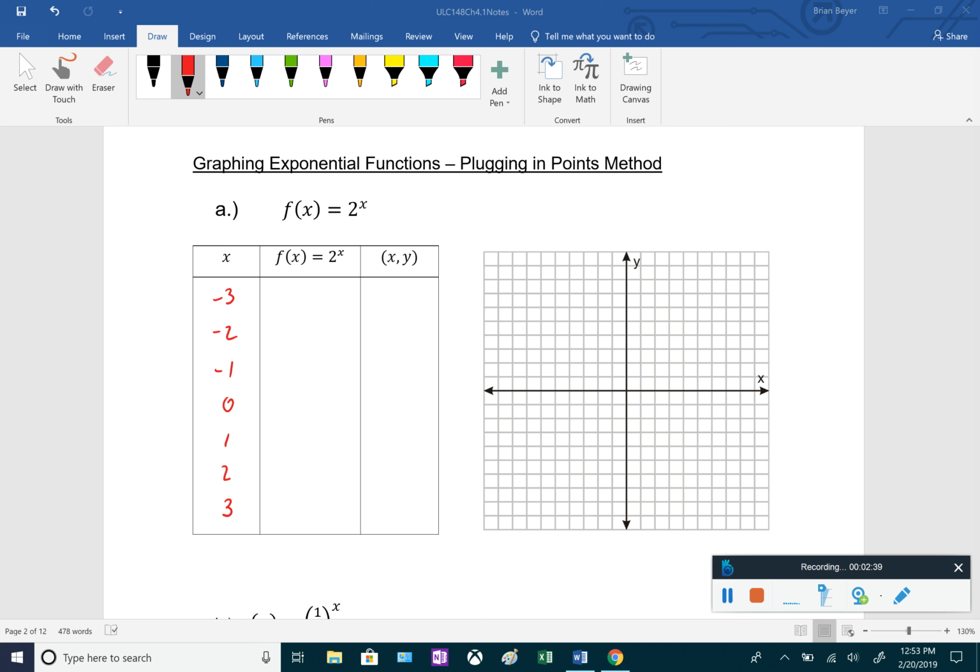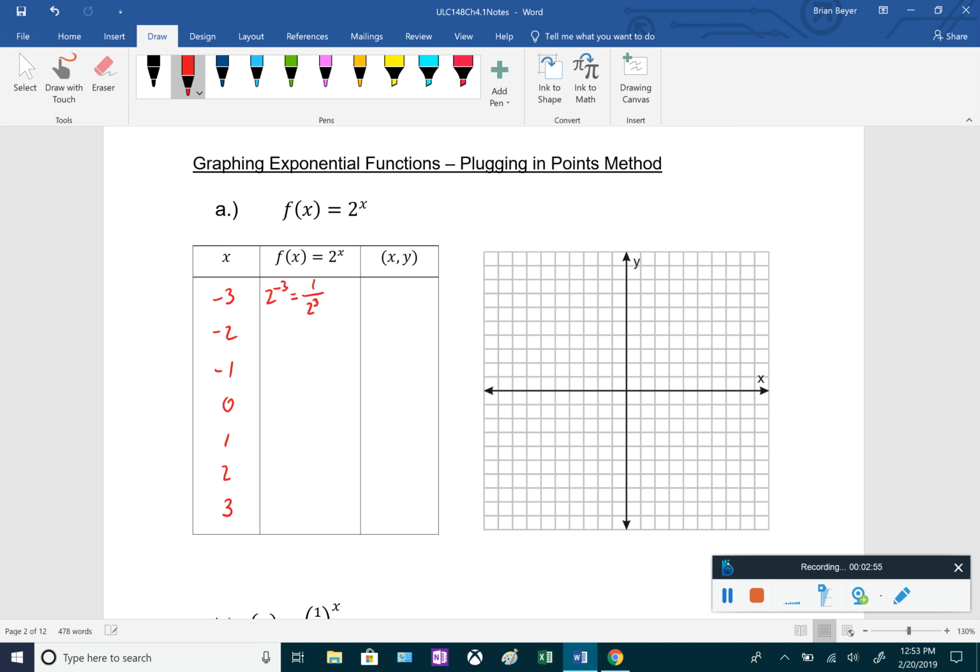So I'm going to plug in these values into f of x. Let's do f of negative 3. That's going to be 2 to the negative 3. We have to remember how these negative exponents work. This is the same as 1 over 2 to the positive 3, which is 1 over 8.